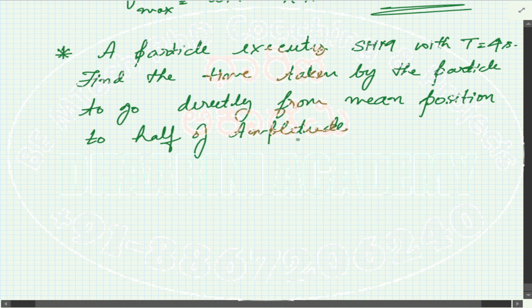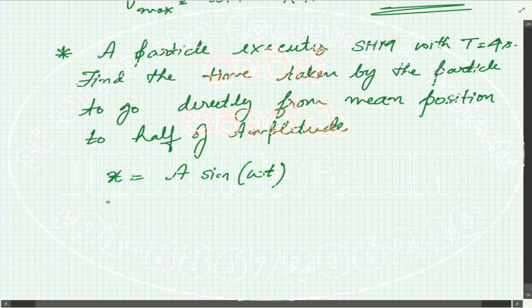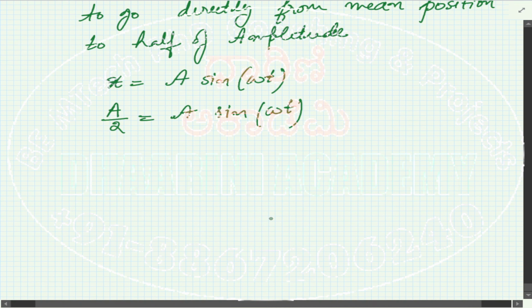Now let us assume that the particle starts from the mean position and moves in one particular direction. So the displacement x is equal to a, amplitude, into sine of omega t. This is a general equation. Now they say the displacement is half of this. So a by 2 is equal to a into sine of omega t. So a cancels, and sine omega t is equal to half.